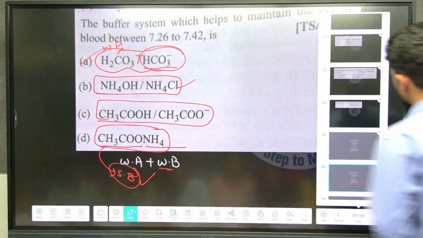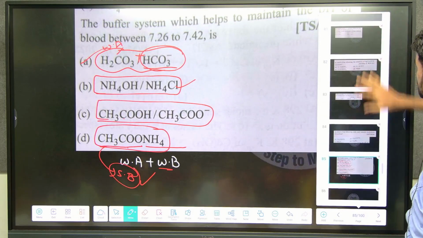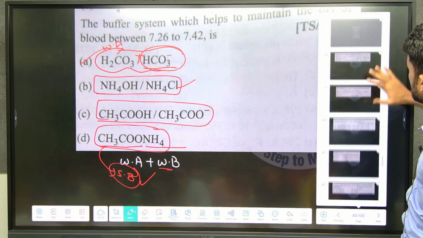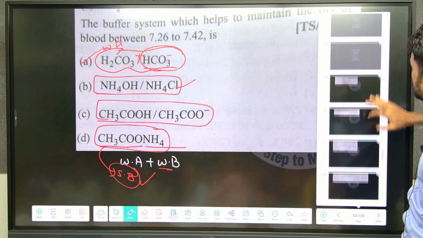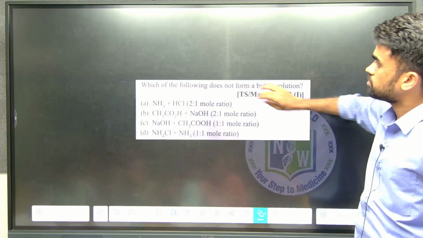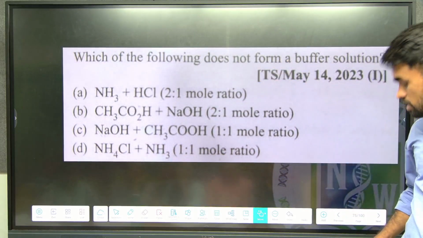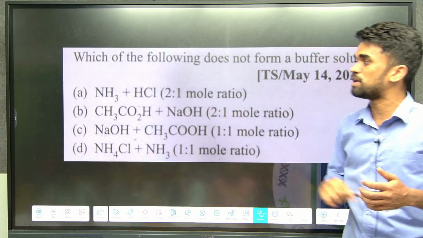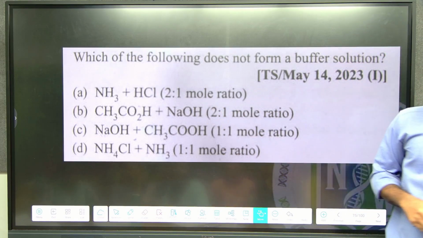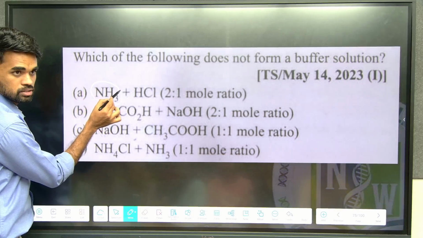Yeah. Next one. Let me check that question where it is. Look at this. Which of the following does not form a buffer solution? Tell me, first one will form buffer solution or not? First of all, tell me, what is this ammonia weak, what?